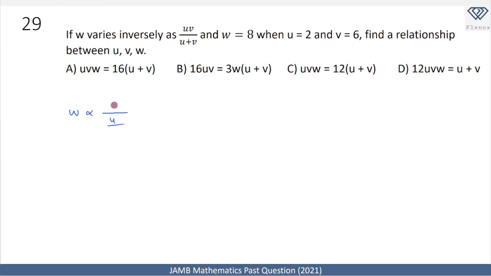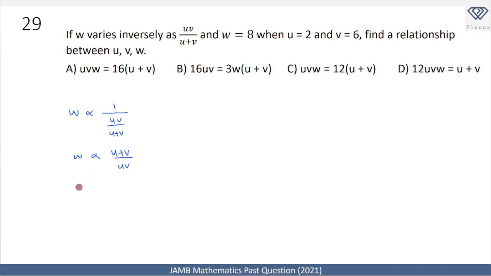W is inversely proportional to, inverse means 1 over, so 1 over our quantity over here, which is UV over U plus V. So this can be written as W is inversely proportional to 1 over this, which is the same thing as flipping what you have in your denominator over. So it's the same thing as saying what? U plus V over UV.